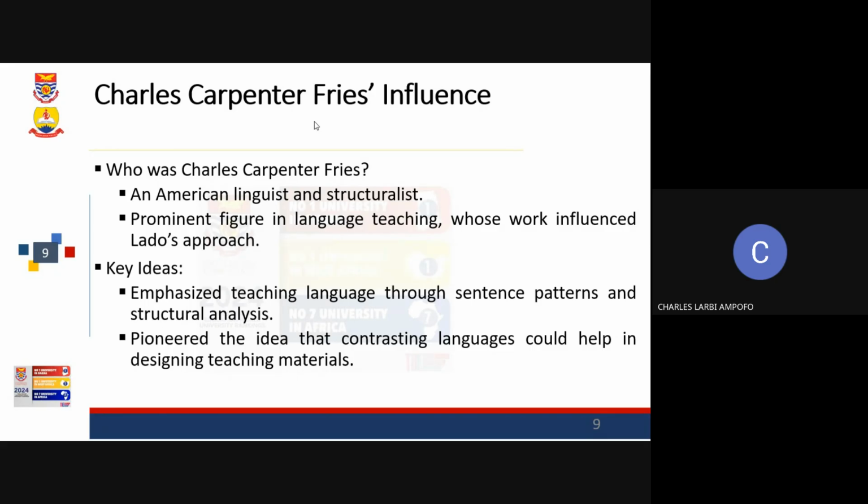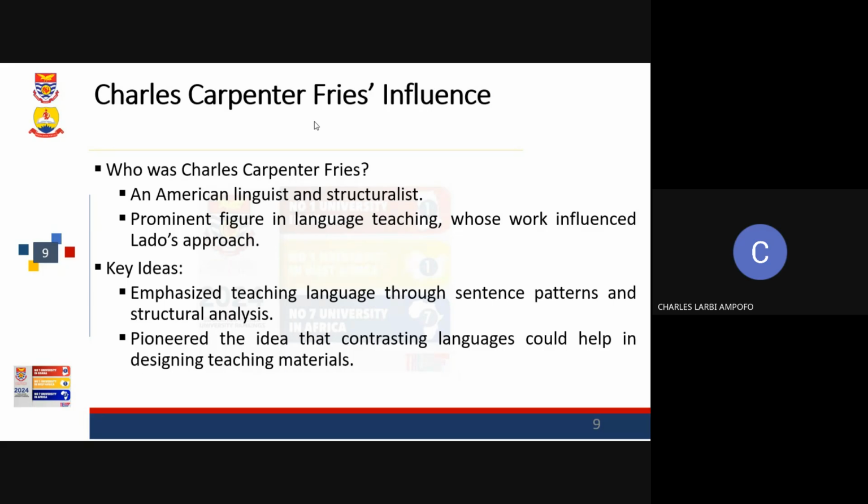So what was Charles Carpenter Fries's influence? What were his contributions to contrastive analysis? So, one, he was of the view that teaching language should be done through sentence patterns and structural analysis.